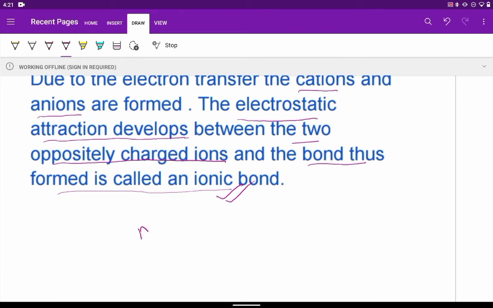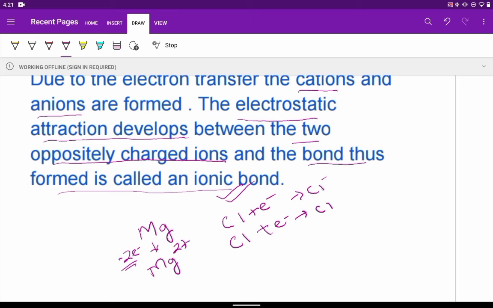In case of magnesium and chlorine also, magnesium will lose 2 electrons. It will form Mg2+. These 2 electrons will be taken by 2 chlorine atoms to form 2 chloride anions. This Mg2+ and these 2 chloride anions will have this electrostatic force of attraction between them to form MgCl2, magnesium chloride.